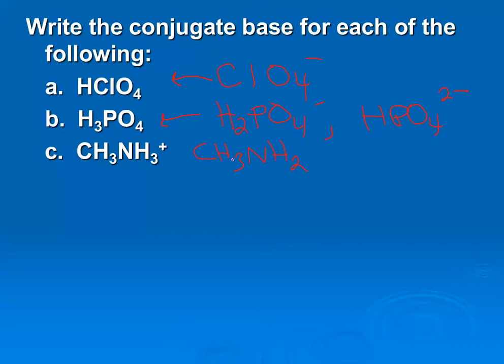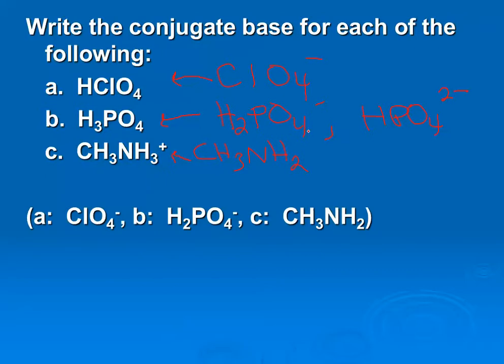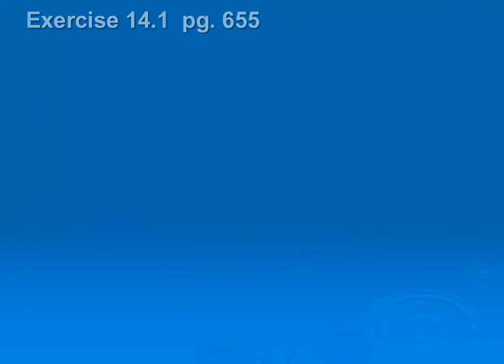And the same thing here with this particle, I'm sorry, I don't remember the name of this, can gain a hydrogen ion and turn into this. So these all going in the opposite direction are acting as bases, hence the name conjugate base. So I hope that helps a little bit with that. It's a common thing to have to do as well, to identify those.